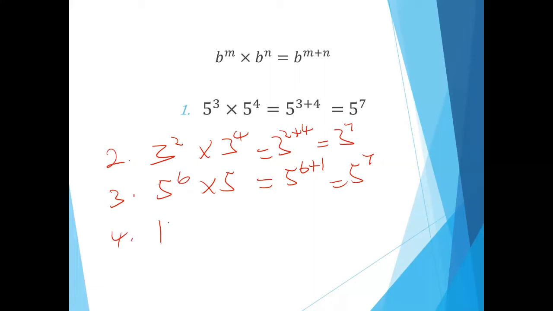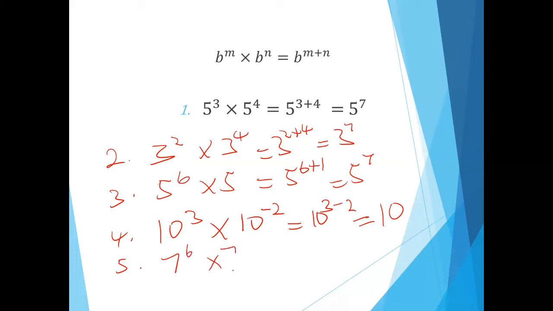Another example can be 10 raised to the power 3 times 10 raised to the power minus 2 will give us 10 raised to the power 3 minus 2, and that will be 10 raised to the power 1, which will actually be 10. We can move on and say that 7 raised to the power 6 times 7 raised to the power minus 7 will give us 7 raised to the power 6 minus 7, and that will be 7 raised to the power minus 1.